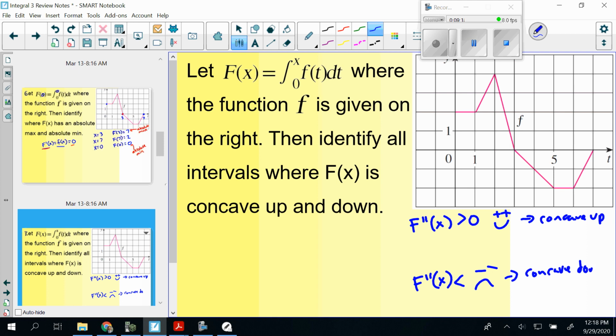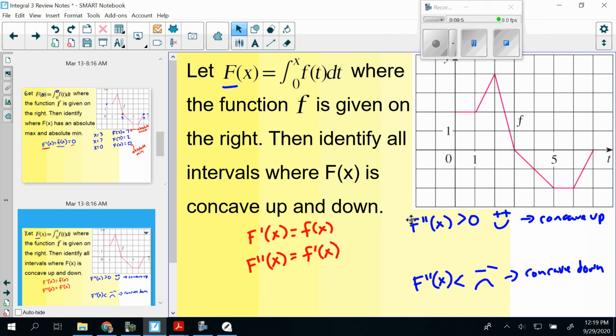So if we can figure out what we know about the second derivative of this function, then we can use that. Well, we don't know what that f function looks like, but what we've done from previous things they've asked already is that the first derivative is equal to f of x by the fundamental theorem of calculus. If we go one step further then and take the derivative of each side, that tells us the second derivative of this is equal to the first derivative of f of x.